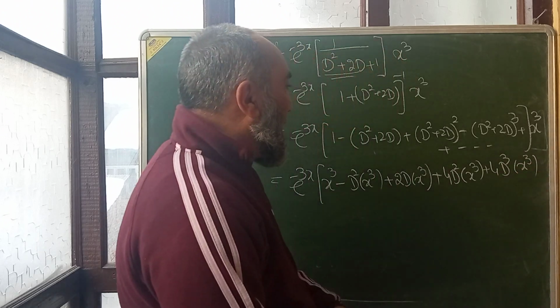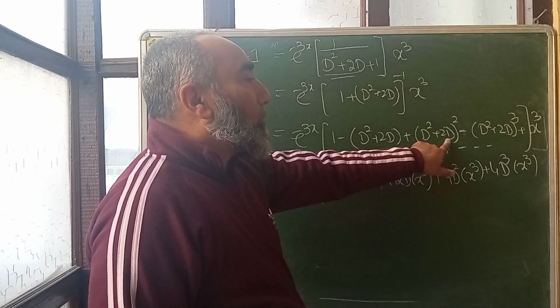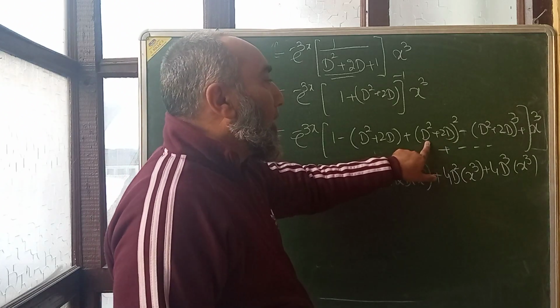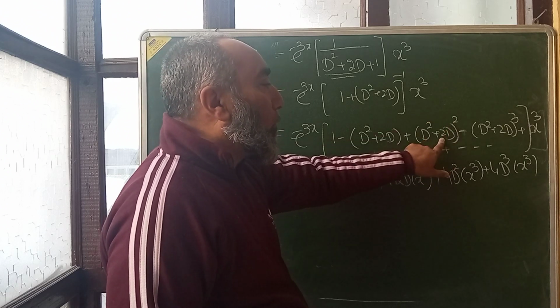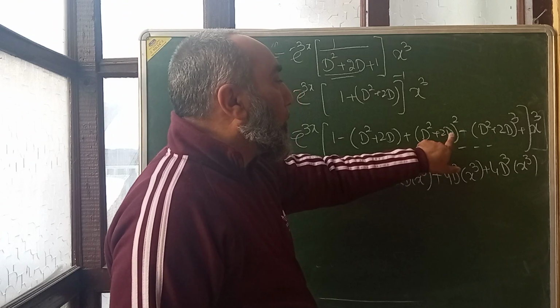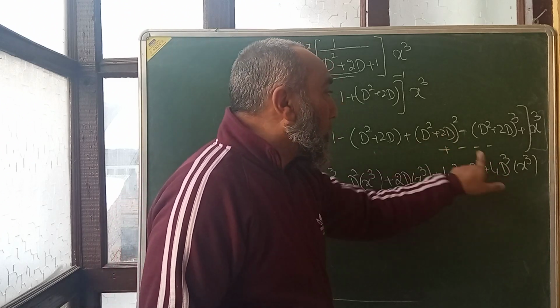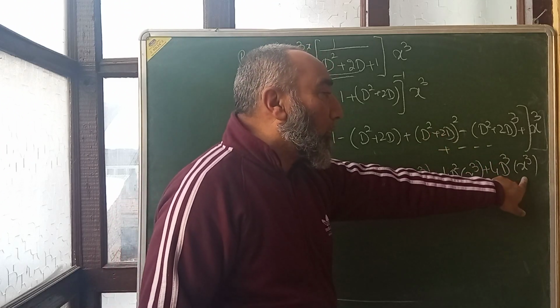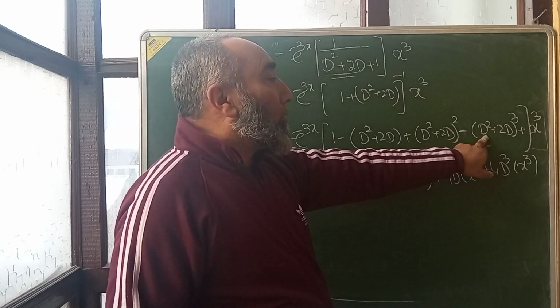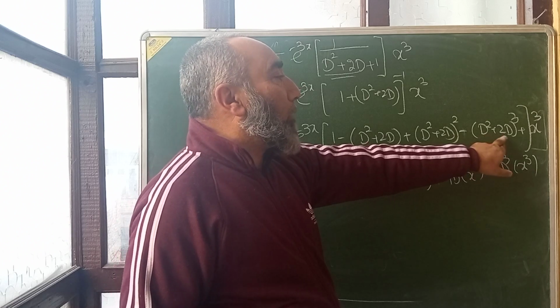Okay, see, a plus b whole square is a square, d raised power 4. You cannot take that. Then 2d whole square, it is 4d square. I have taken that. Then 2ab, 2 into 2, d cube into d is d cube. Sorry, d square into d is d cube operating on x cube. Now what remains is the power of d square plus 2d whole cube.